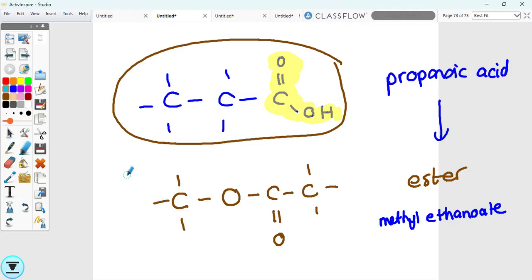So now I can move this, erase it. I can move this double O to the carbon that's on the other side of the oxygen, it must still be next to the oxygen. So it can either be on the one on the left-hand side of the oxygen or the one on the right-hand side of the oxygen. So if I remove it from this carbon here, it means I need to move it to this carbon here. Just count 1, 2, 3. Oops, too many lines, which would mean that I need to take one of these away. 1, 2, 3.